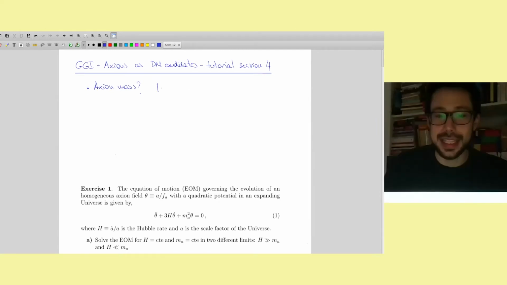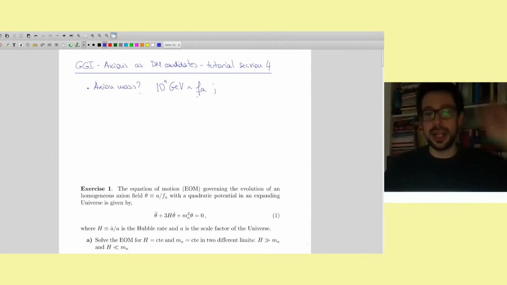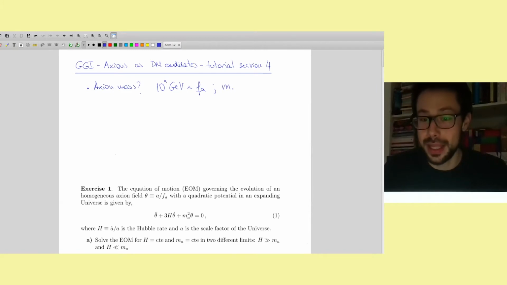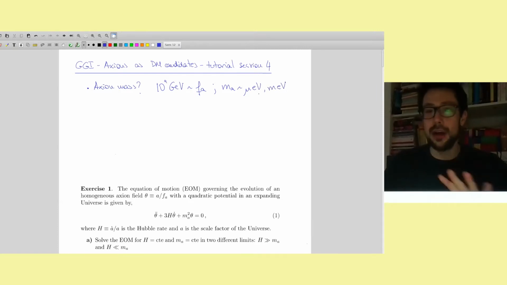Okay, so 10 to the 9 GeV is the order of magnitude of the axion scale, right? But this is not the axion mass. So this is the axion scale, which is super large. However, the axion mass, m_a, is typically of the order of micro electron volts or milli electron volts, anyhow, super light.